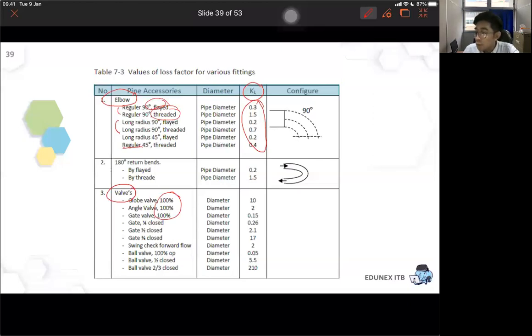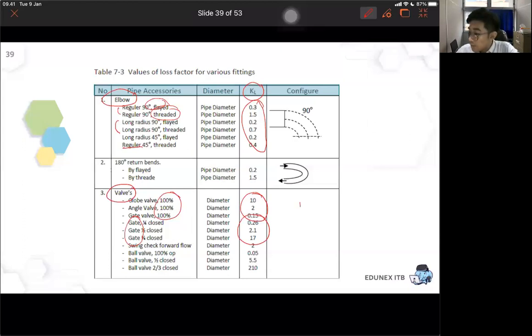Different valves, although fully open, will have different values of fitting constant. And also the same gate valve, but a quarter closed or half closed, also has a different value of fitting constant. Again, it's because the fluid will experience a different flow pattern inside the fitting.